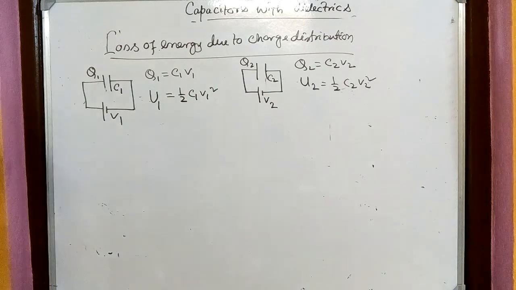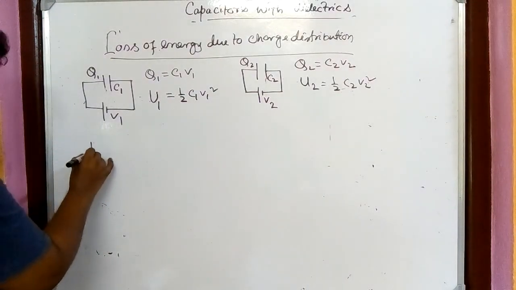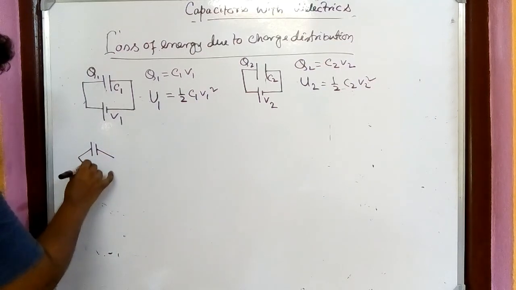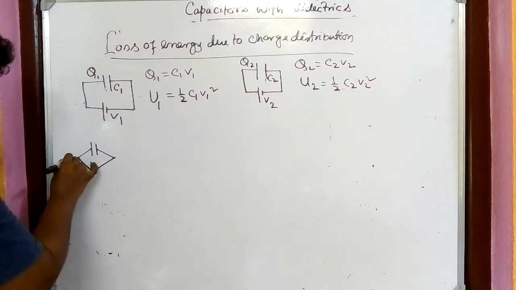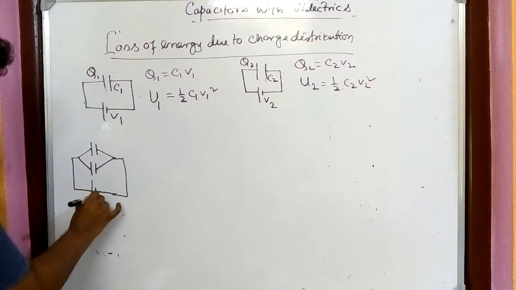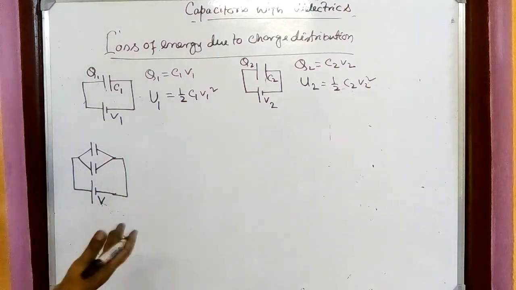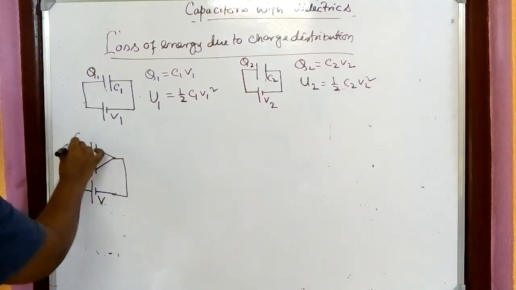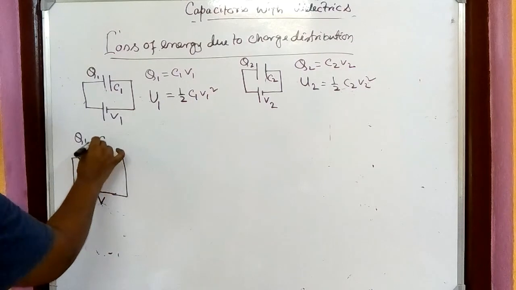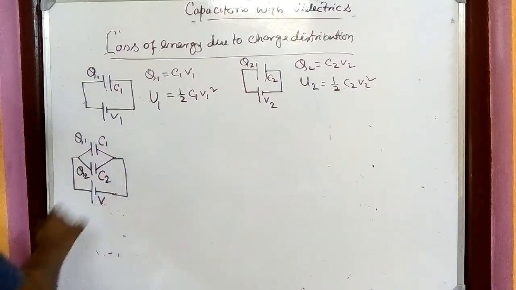Now what we have done? Now we have taken these two capacitors parallel to each other, and then we connect them with a potential V, with charges Q1 and Q2 and capacitances C1 and C2.